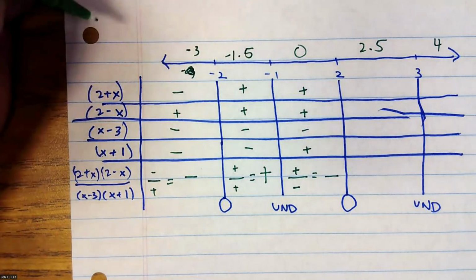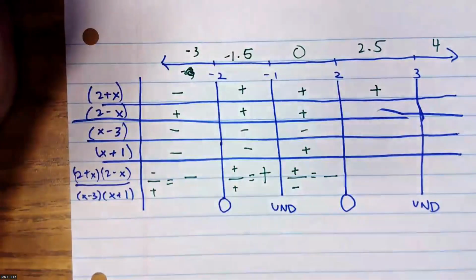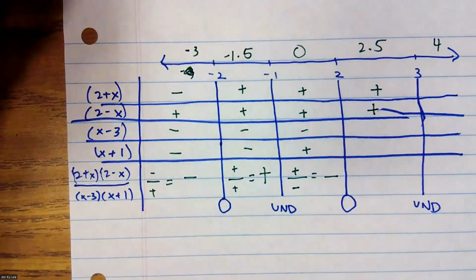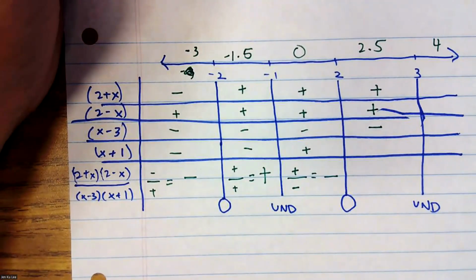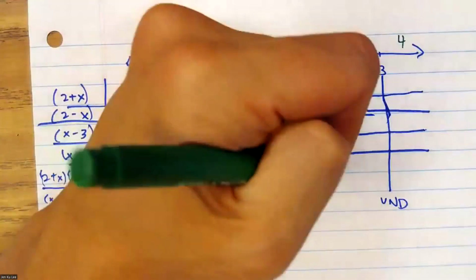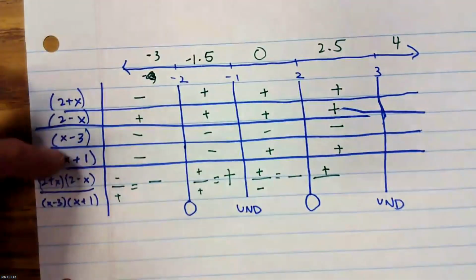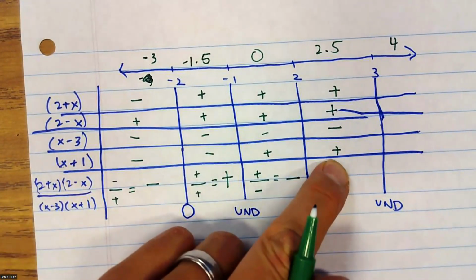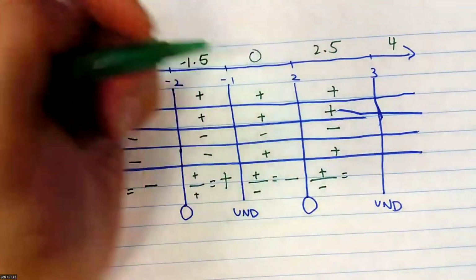Okay? Doing the same thing with 2.5. 2 plus 2.5 is a positive. 2 minus 2.5, that's a negative. 2.5 minus 3, that's a negative. 2.5 plus 1, that's a positive. Right? So we got a positive times a negative, which is a negative, divided by a negative times a positive, which is a negative.